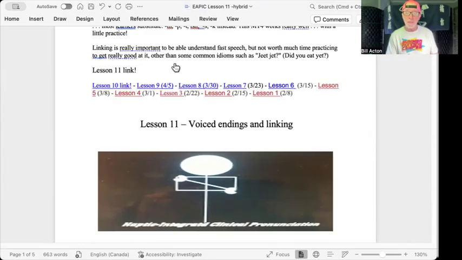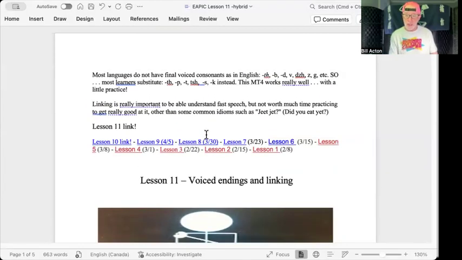Anyway, as you see on the blog, this first note: most languages do not have final voiced consonants as in English. By that I mean most languages don't have the th, j, z, g, like that.